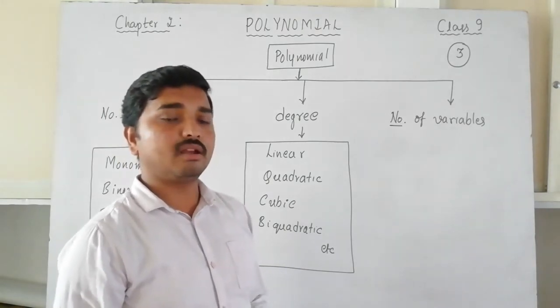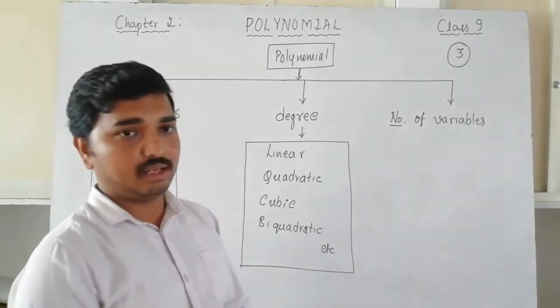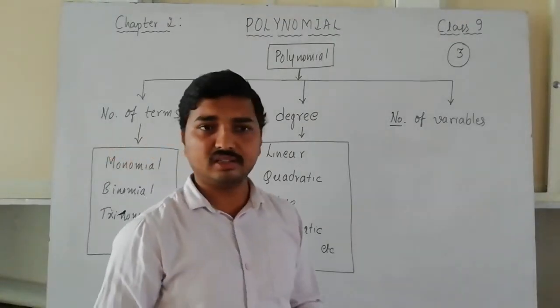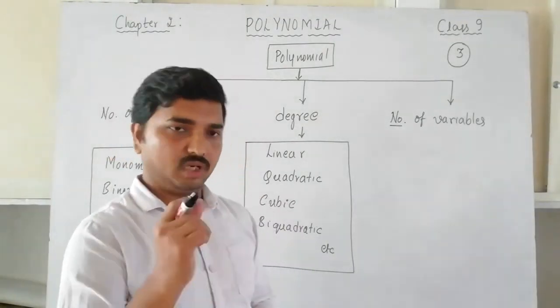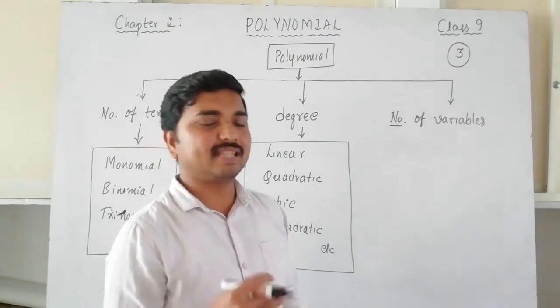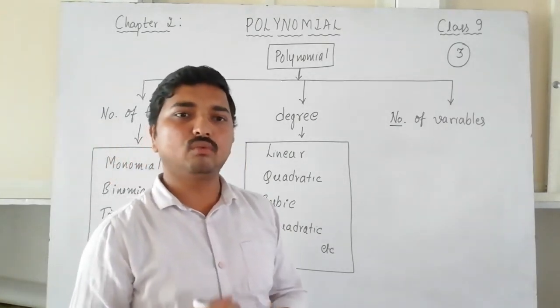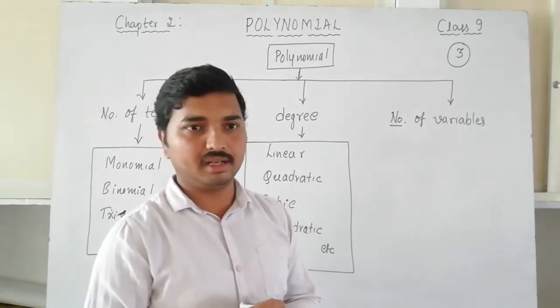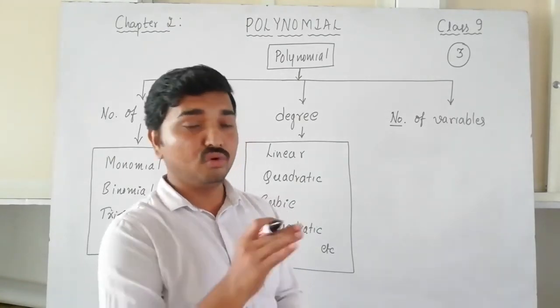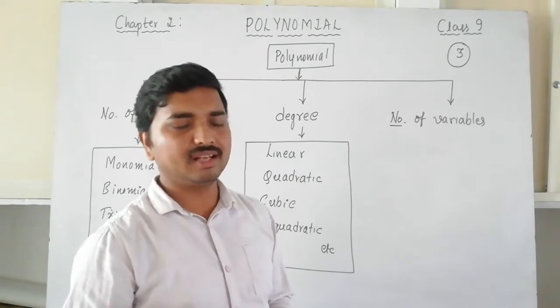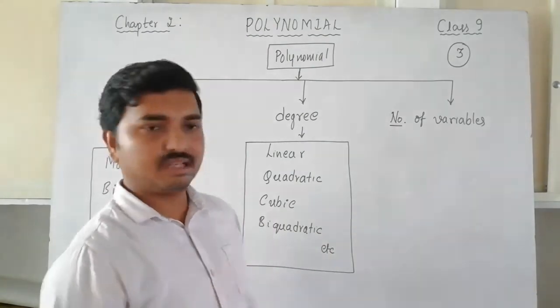The standard form I have written contains only one variable, but sometimes there are polynomials that may contain more than one variable. There is a possibility. You are not going to study those kinds of polynomials; they will come in higher studies. Just remember this.